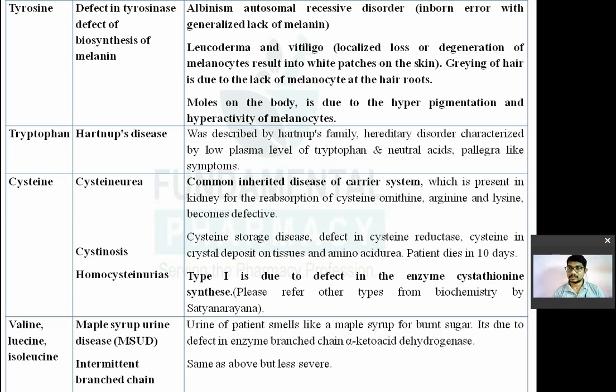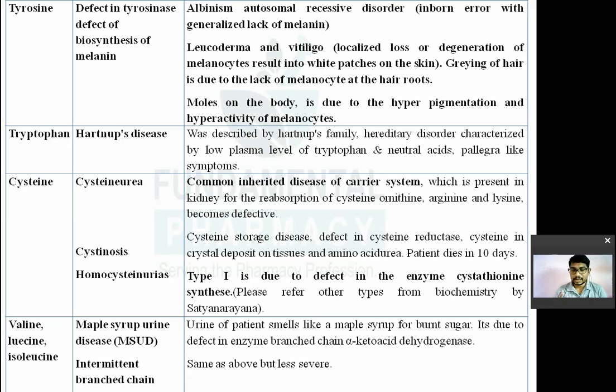So tyrosine is the bioprecursor for melanin. मेलानिन कहाँ से बनता है? टायरोसिन से बनता है बाय द मेटाबॉलिज्म. टायरोसिन का मेटाबॉलिज्म होके मेलानिन बनेगा बाद में, बट उसके मेटाबॉलिज्म के लिए वहाँ पे एक एंजाइम लगता है, tyrosinase. This enzyme is required, tyrosinase. So if there is defect in this tyrosinase enzyme, your body will not make melanin, and your skin color will be totally white. So that is known as albinism.